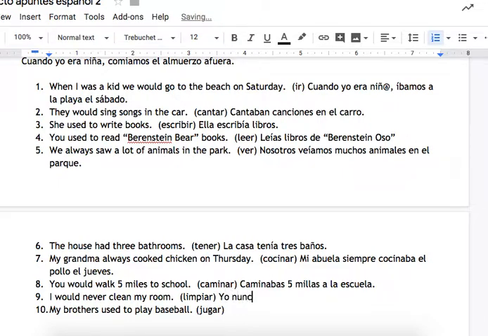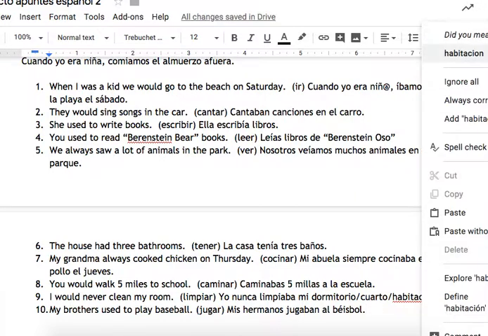Yo nunca limpiaba mi dormitorio. You could say cuarto o habitación. My brothers used to play baseball. Brothers is more than one, so I know I have to do they. Mis hermanos jugaban al béisbol.